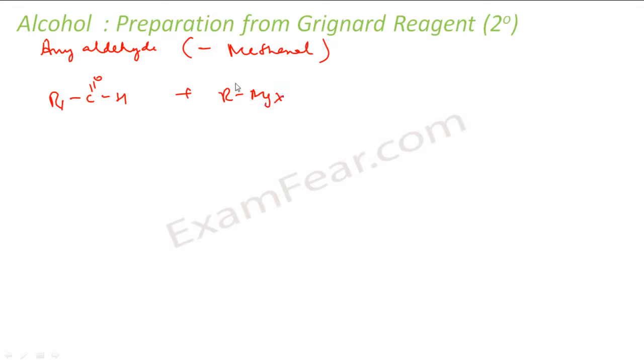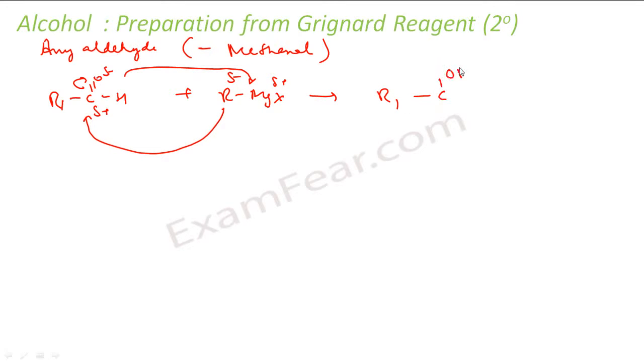Same reaction: RMgX has a negative charge and a slightly positive charge, and the oxygen negative and the carbon positive. R will attack this carbon, and this oxygen will attack the MgX part. So what you get is R1CH-O-MgX, here you get R and H. This is again an adduct.